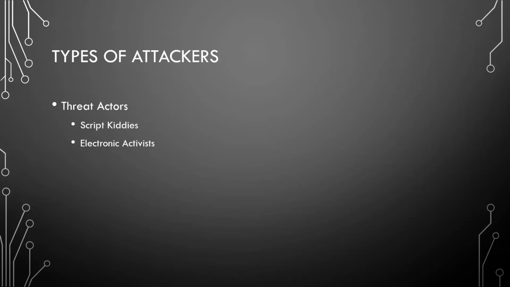Electronic activists or hacktivists, they may be a bit more skilled, but they are hacking for a particular purpose. They're interested in particular issues, and that is why they're hacking organizations. Organized crime, they're the opposite of the hacktivists or the electronic activists. They're doing it for the money.